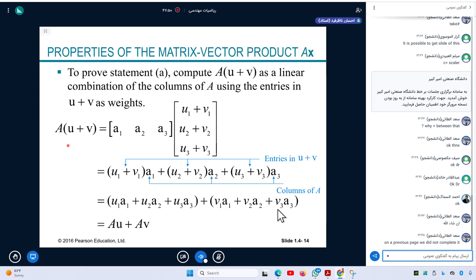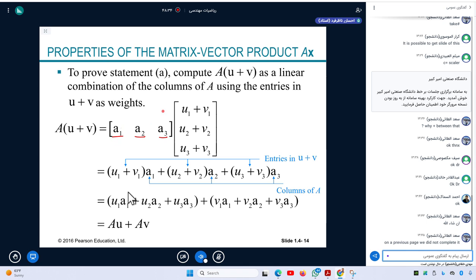The proof is very easy, but I won't be going through that in detail. Just as a hint, for A times (U plus V), if you write A as its columns, A1, the second column, and third column, and U plus V as U1 plus V1, U2 plus V2, U3 plus V3, these are scalars.